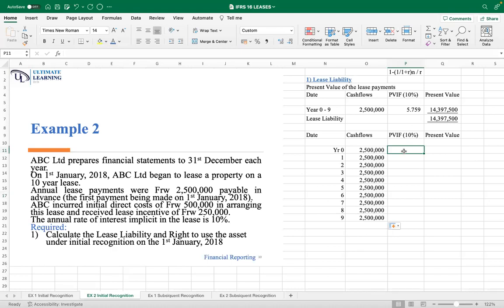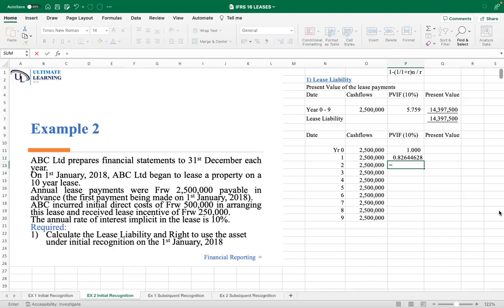Now, if you decide to use these, you use the present value table. It is equal to 1 divided by 1.1 raised to power 0. That is year 0, it is 1. The second one is 1 divided by 1.1 raised to power 1.